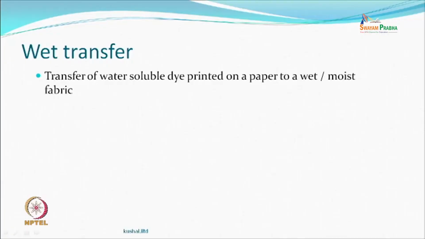So, water soluble dyes are printed on a paper and transferred to a wet or a moist fabric. It can't be too wet, otherwise the design may get smudged and the paper may get torn, because paper obviously does not like too much water. In the polyester disperse case, it is so good: the paper does not like dispersed dyes, and polyester likes them.